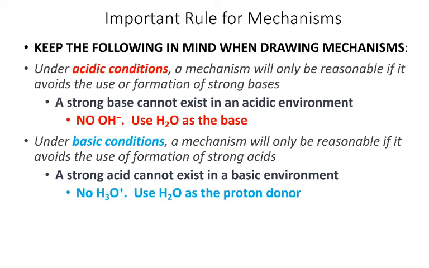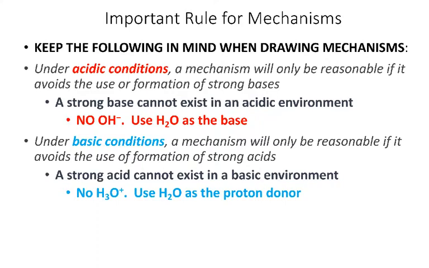So these last two mechanisms involve an extremely important point for drawing mechanisms, and I think this is maybe the most important part of this video. Under acidic conditions, a mechanism is only reasonable if it avoids the use or the formation of strong bases.